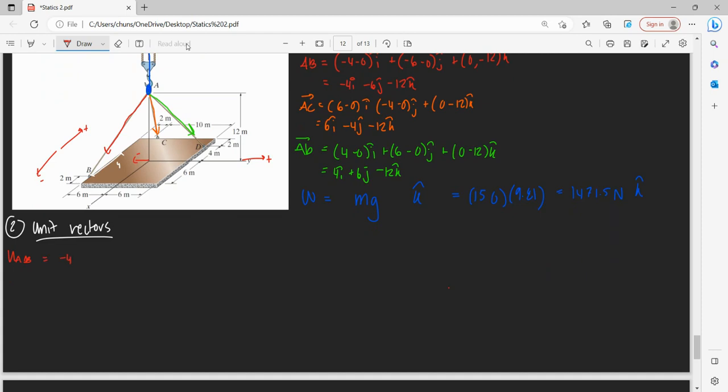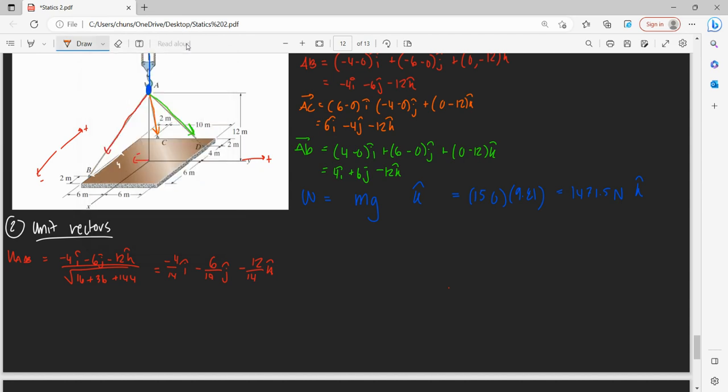It's going to be negative 4i minus 6j minus 12k over the square root of 16 plus 36 plus 144, which is equal to 14, so that's negative 4 over 14 i minus 6 over 14 j minus 12 over 14 k.